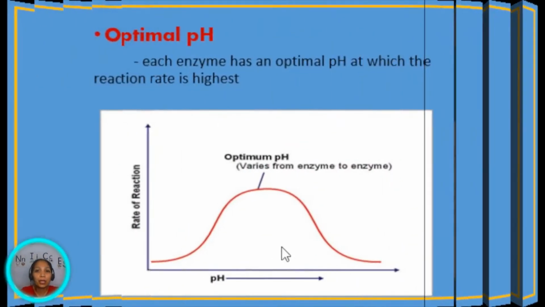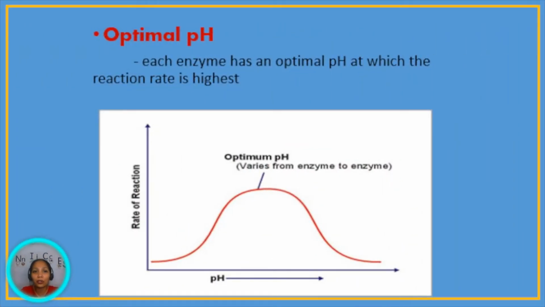If the pH is too high or too low, an enzyme can become denatured, or it will alter the shape of the enzyme and stop working. Therefore, the optimal pH varies from enzyme to enzyme. It is where the reaction rate is highest.